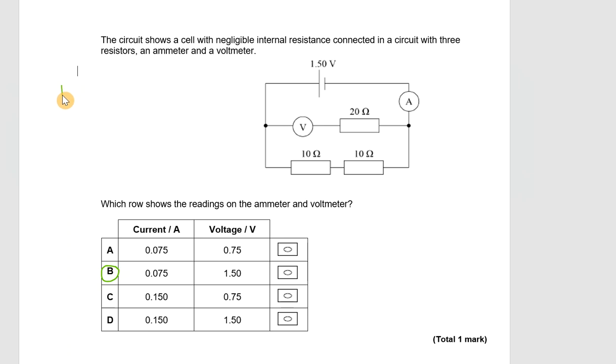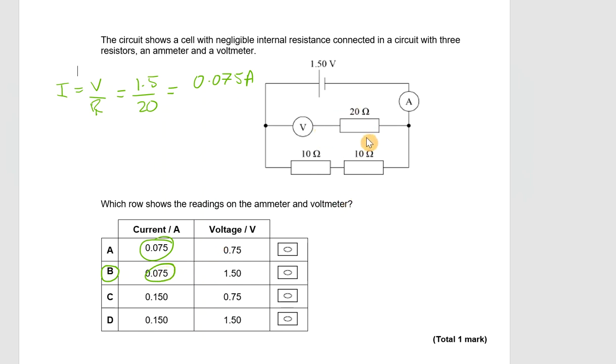And we know that current is equal to potential difference over resistance. The potential difference is 1.5 volts. The total resistance in that branch is 20 ohms. So I'm going to get a current of 0.075 amps.